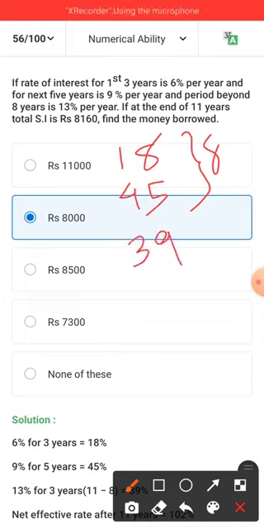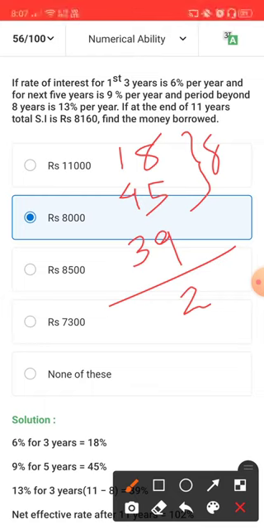If the total simple interest is 8,160, adding up these values, 18, 45, 39, we get 102. So this is the percentage we get during all these years.